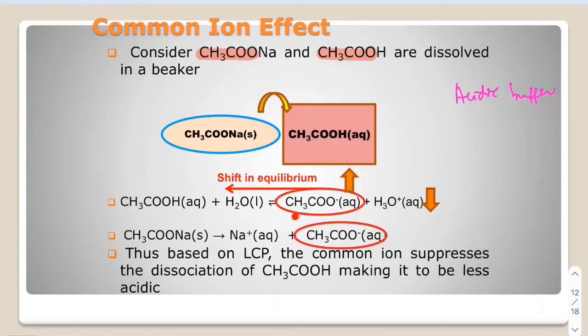The system will shift to the left to consume the extra acetate ion. Therefore, the system will produce more acetic acid, so that it is less acidic, because the H3O+ concentration will decrease as well when the system shifts to the left.